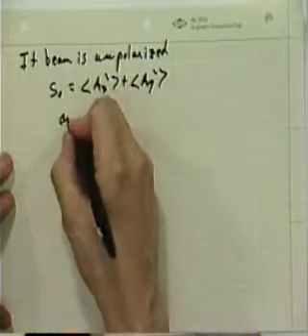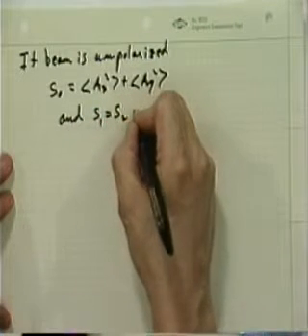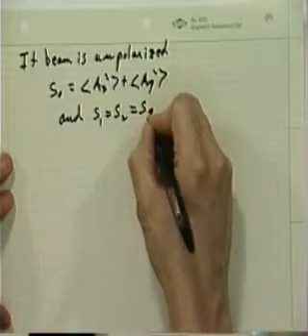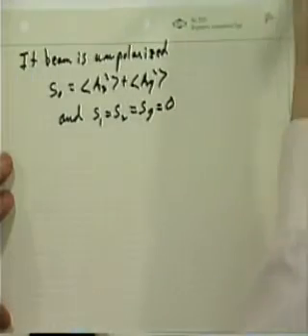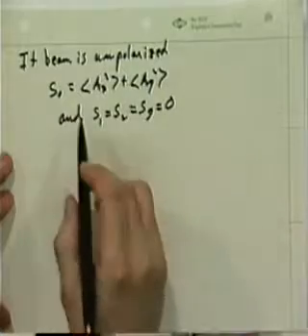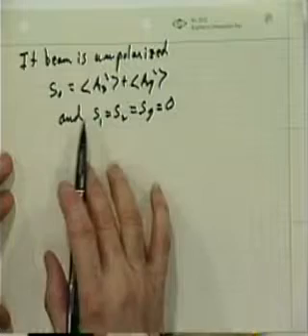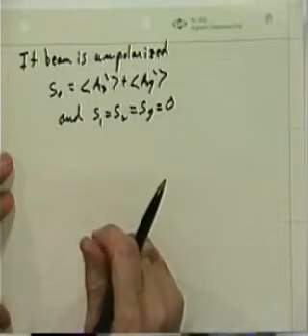But the real thing is, if it's unpolarized, S1 will be equal to S2, will be equal to S3, will be equal to 0. So for an unpolarized beam, S naught gives us the total amount of light, and all the other S's will be equal to 0.